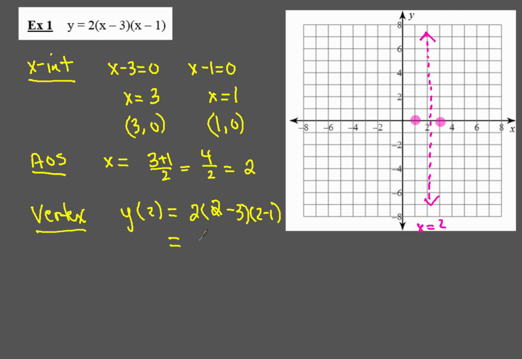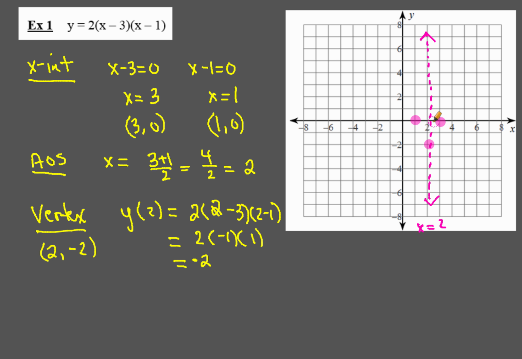Now this is just straightforward arithmetic, so take your time and make sure that you do your arithmetic correctly, because that's where a lot of people will make a mistake. So 2 times negative 1 times 1 is simply negative 2. So my vertex is going to have the x-coordinate 2 and the y-coordinate negative 2. Now if I look onto my axis of symmetry, (2, -2) will be right down here.